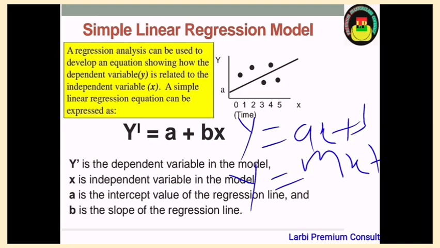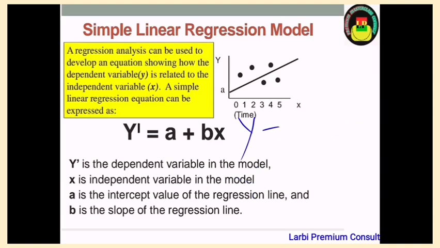Any of them still works. So this is similar to what we had earlier, where we use y equal to mx plus c to determine the equation of a straight line. It's the same thing, so there is no difference in that case. Just that here we employ it to make predictions based on the variables that we have in place. So let's take note.